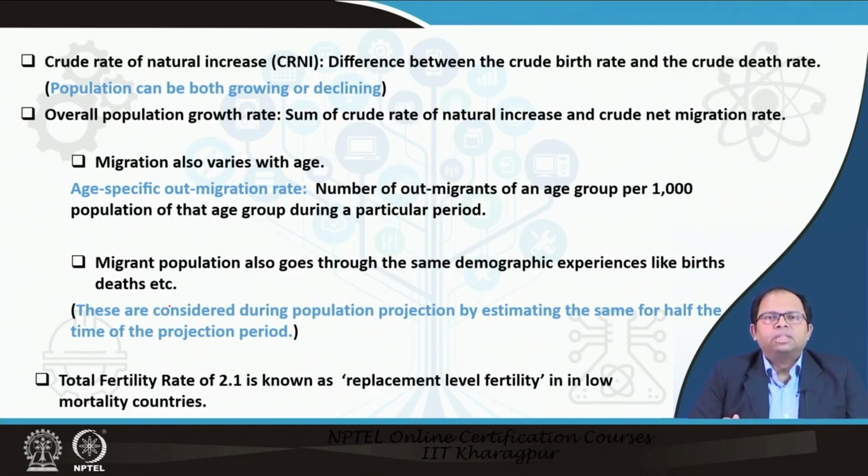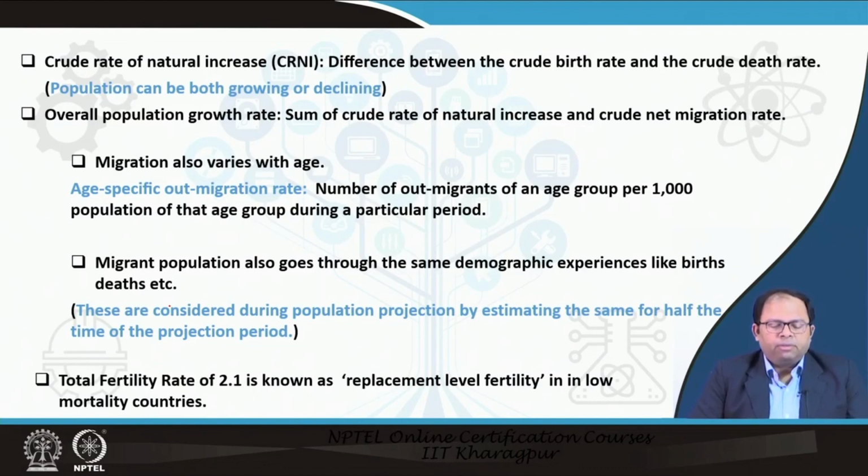Why? Because we assume that some of them have come at the beginning, some at the end. So we take the average, and we say that the entire population arrived at the middle, and based on that we can do statistical or mathematical calculations.